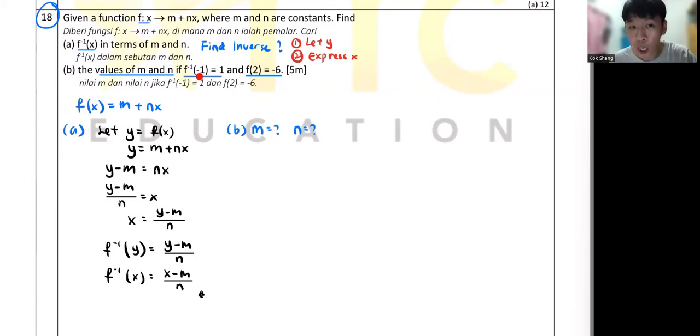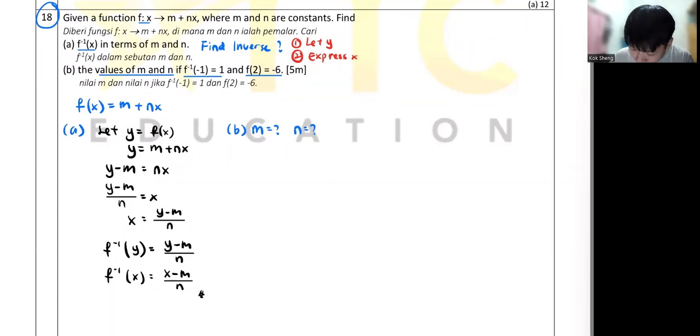These two numbers will be your objects. But careful, whose object? Negative 1 is the object of f negative 1, I mean the inverse. And the 2 will be the object of f. So when you sub into the x, don't sub the wrong function.